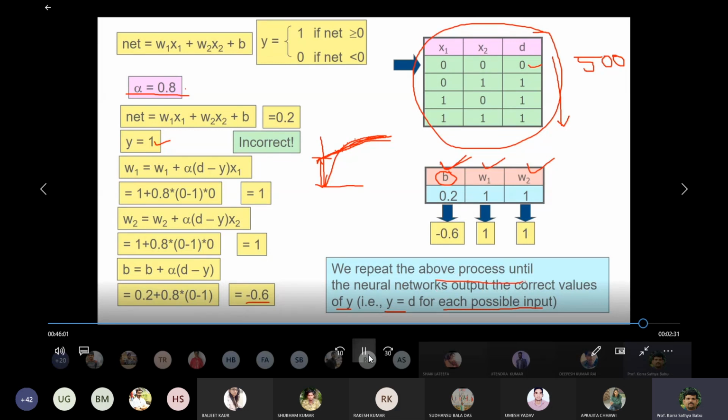We have to repeat the above process until the neural network outputs the correct values of y. So for that particular bias, weight 1 and weight 2, with learning rate alpha equal to 0.8, we should get the desired output equal to the obtained output.